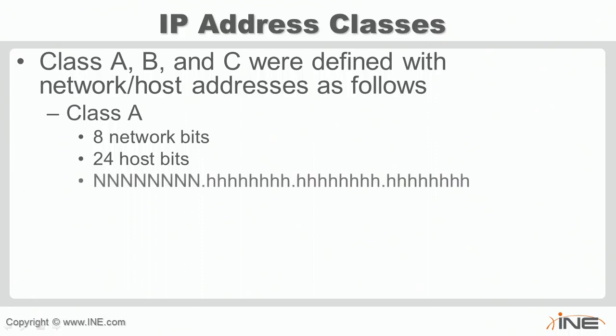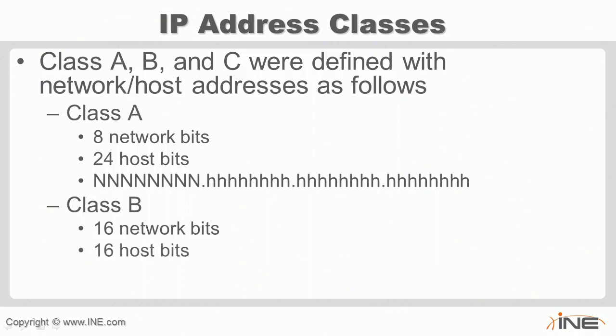With the class Bs, the second octet is also going to be for the network portion. So we'll have 16 bits for the network, 16 bits for the host.